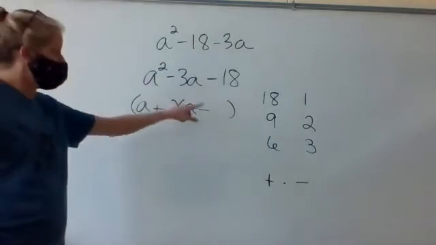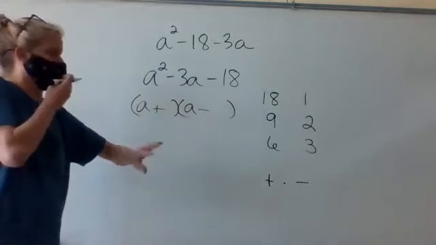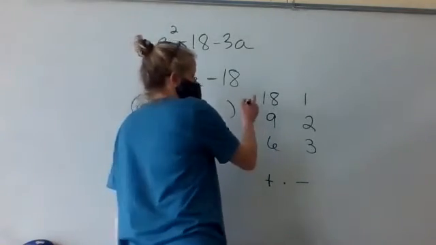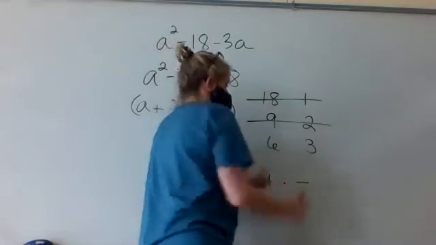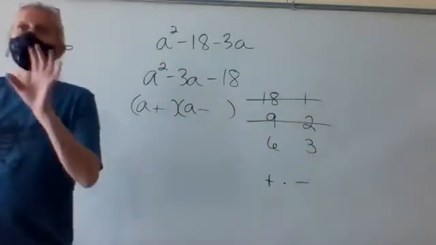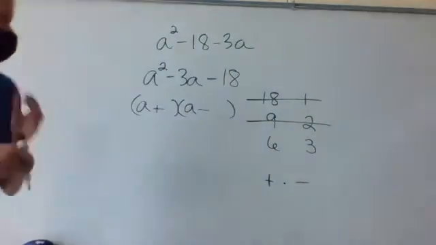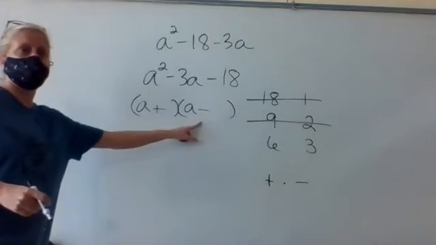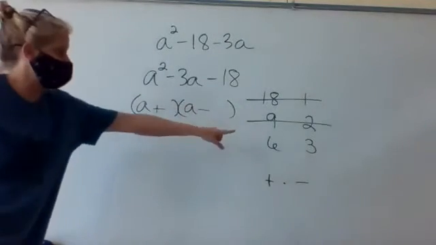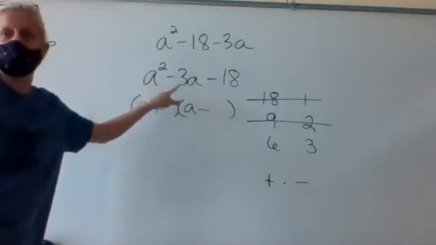Okay? What pair are you going to use? You're trying to get negative 3. You're not going to be able to use 18 and 1 to get a negative 3, or 9 and 2. Yeah, now we're talking: 6 and 3. I just need to get my signs right, because they're not going to be the same signs. One's going to be positive, one's going to be negative. How do I turn 6 and 3 into negative 3?